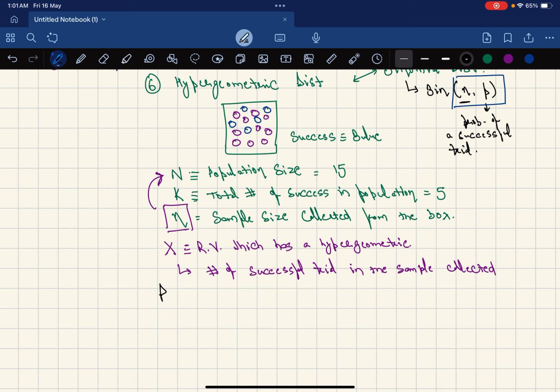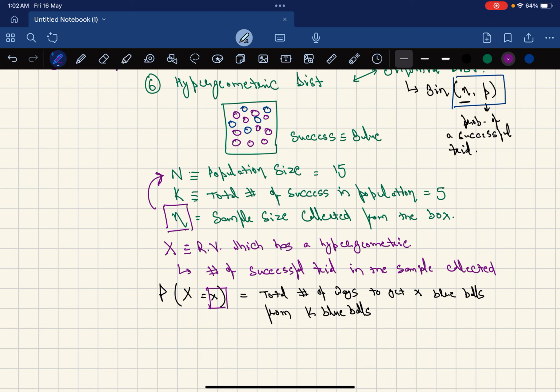So now let's say we have to calculate the probability mass function for this particular random variable x, and this is calculated as the total number of ways to get small x blue balls from K blue balls. Now in the sample, if we want small x successes, which means small x blue balls, we are essentially pulling out small x blue balls from a total of K blue balls, which is 5 in this case.